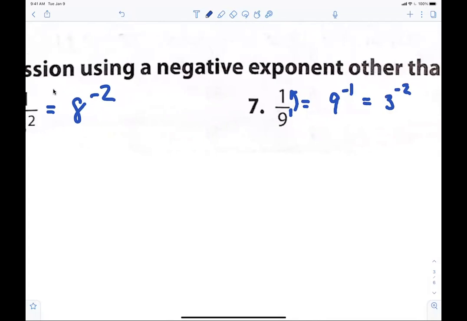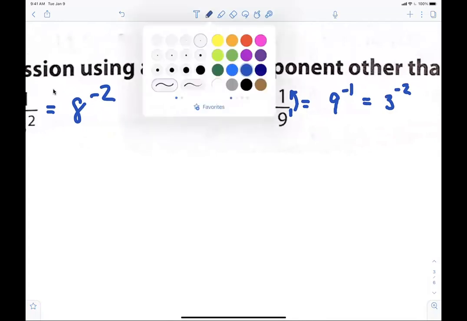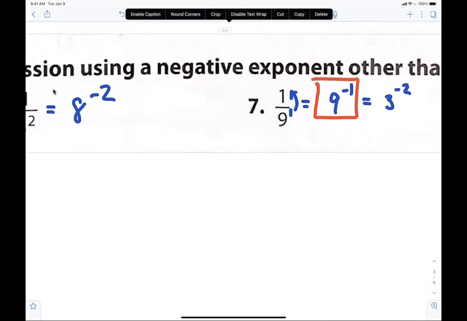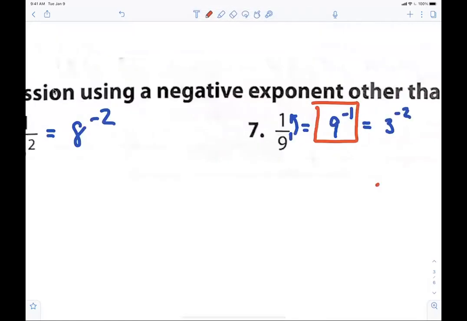I am totally happy. As a matter of fact, I would prefer this answer, 9 to the -1. They're just trying to be fancy. I'm not about being fancy. I don't care about this 3 to the -2. So kind of disregard that for the directions. I prefer that you know it's 9 to the -1. You good with that?